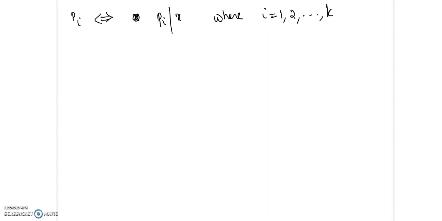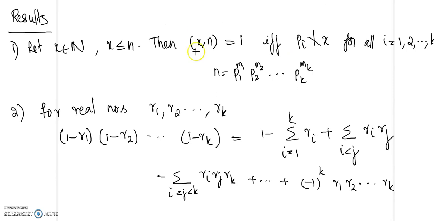Therefore, for finding phi of n, phi of n counts the numbers which are coprime to n. Now we have already seen a result: if x has to be coprime to n, then pi must not divide x. That means x must satisfy none of the properties. So the required value of phi of n will be the value of e of 0.